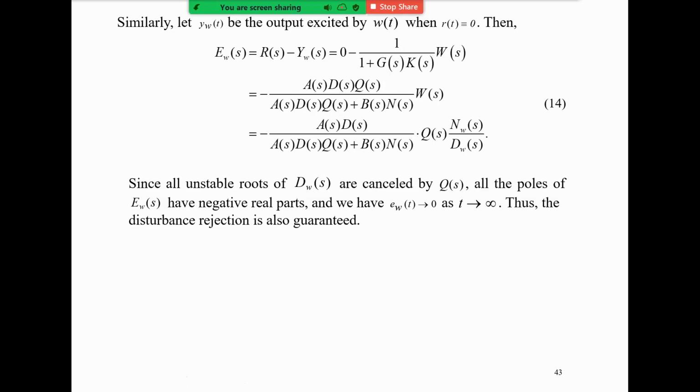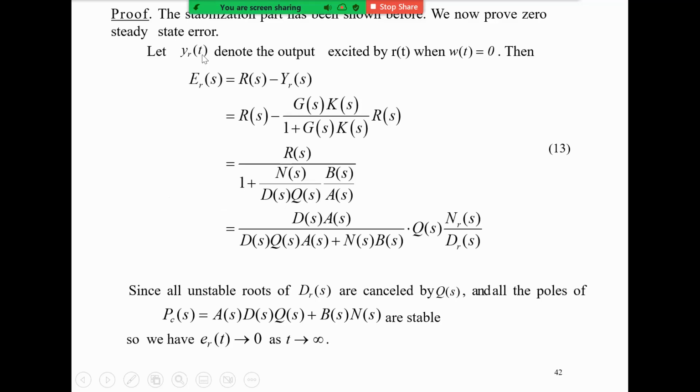But then some students may still ask me, hey, I only showed you that if the disturbance is 0 and there is a reference input, the error signal will be 0.